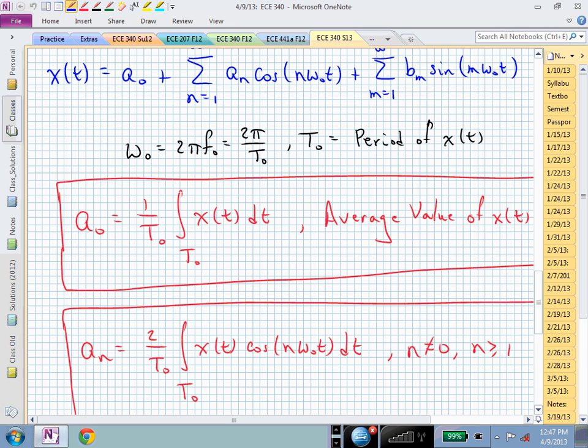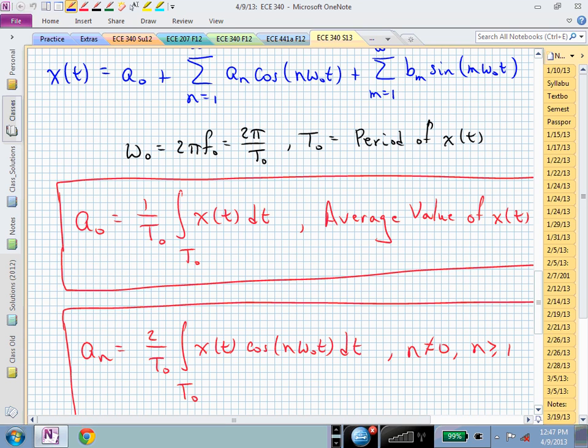If it doesn't, if you basically lay x of t on top of cosine of 5 omega naught t, form that product point for point, integrate over a period and nothing comes out, then you're basically saying x of t is orthogonal to cosine of 5 omega naught t, since A sub n was close to 0, or maybe it was 0. It didn't look like cosine of 5 omega naught t, or it didn't have much of that in it. Does that make any sense?